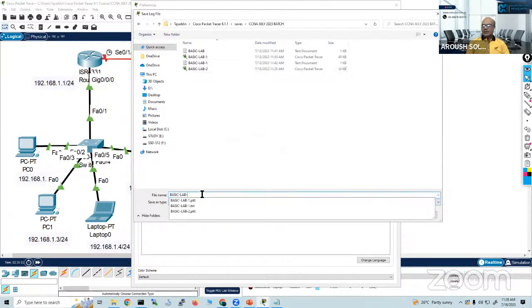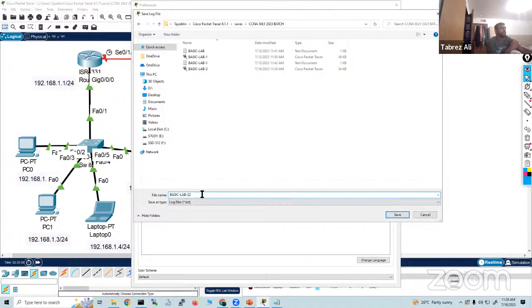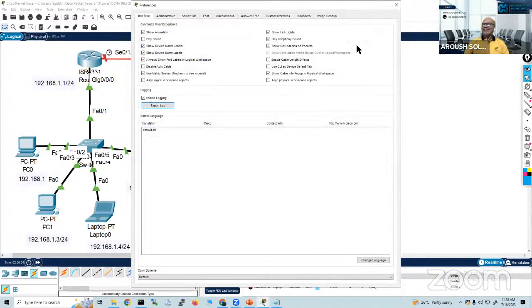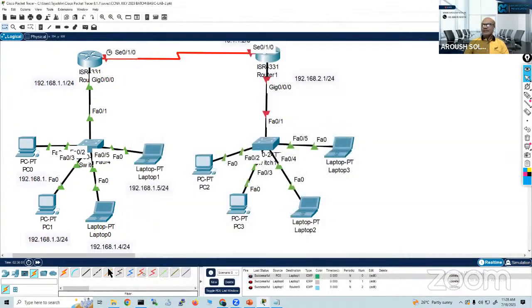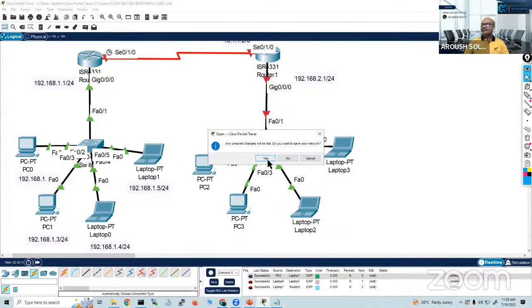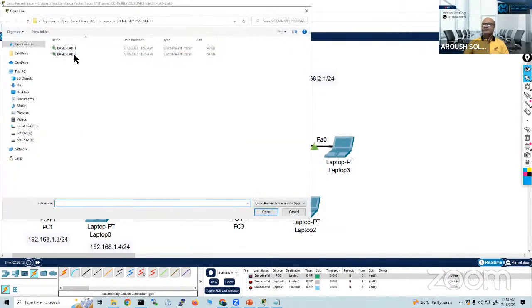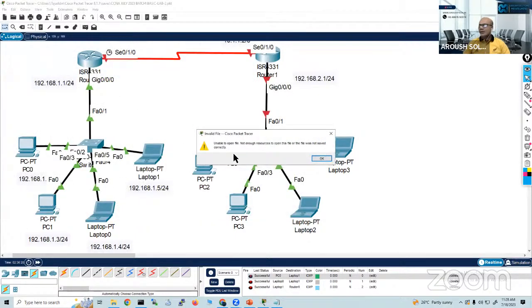I think lab 2. Yes. Very smart. I think you're working in a banking center, right? Okay, so let me open this, whether it will open or not. Oh, unable to open.